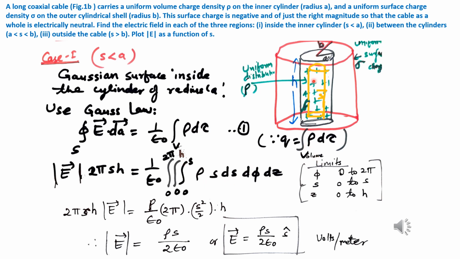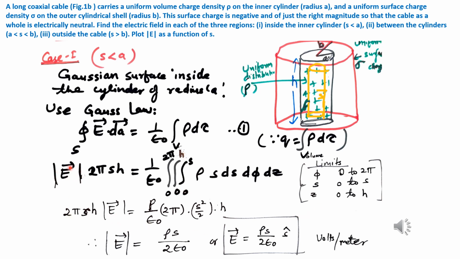In this case rho d tau is rho S dS d phi dz, the d tau element in cylindrical coordinates, with limits for S from 0 to S, for phi from 0 to 2 pi, and for z the height 0 to h.